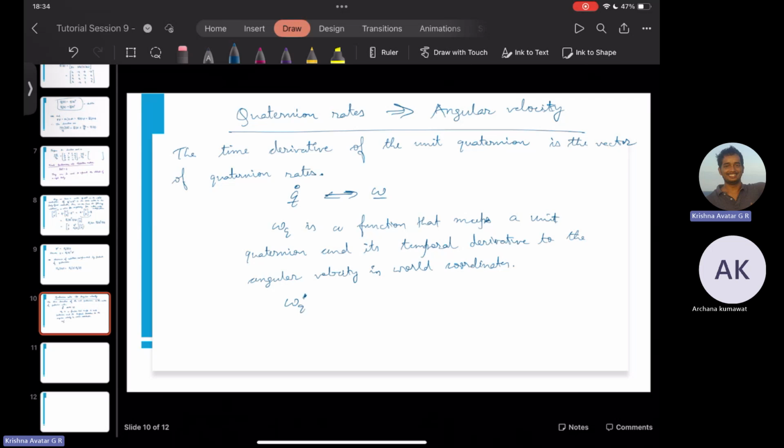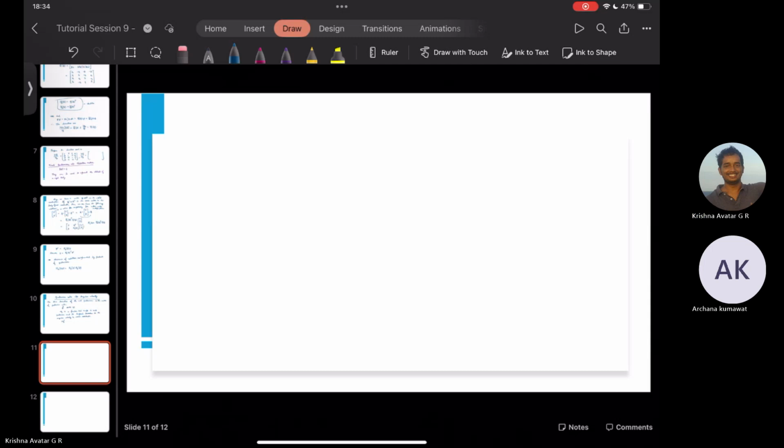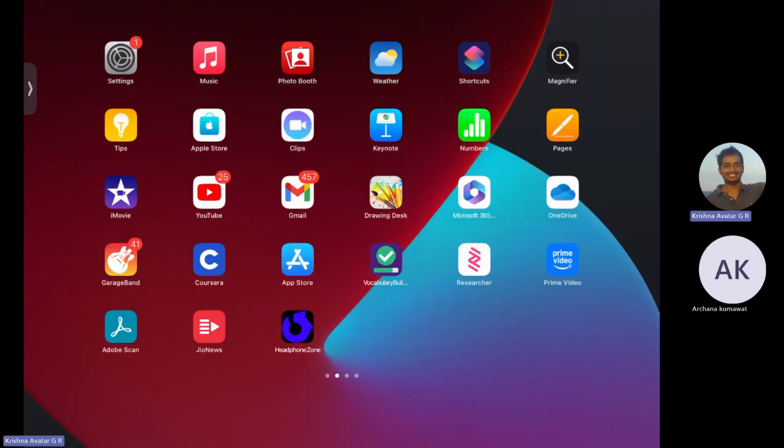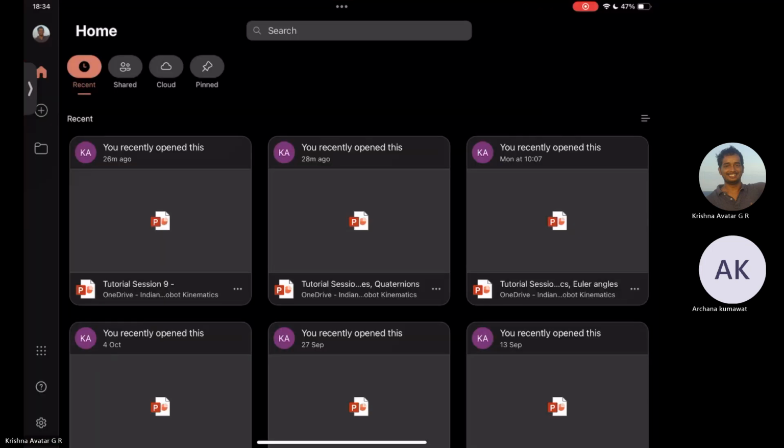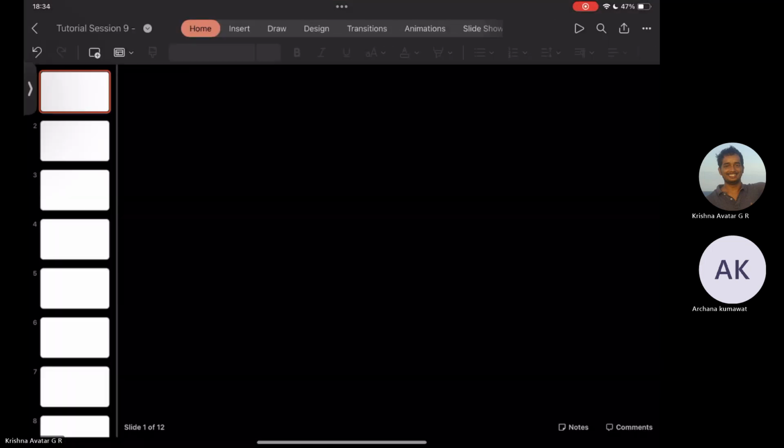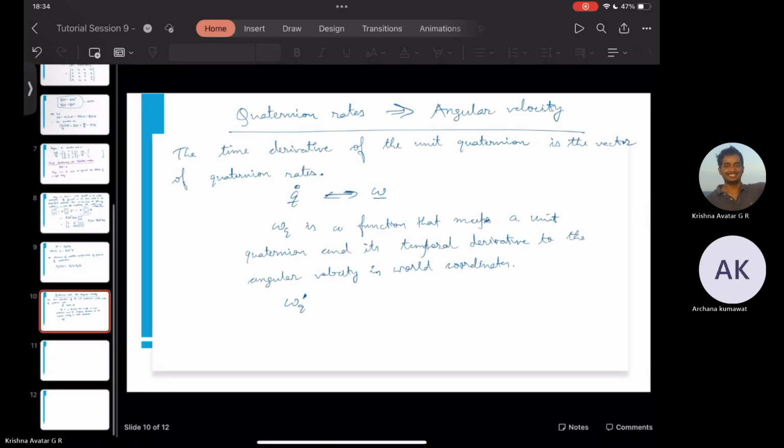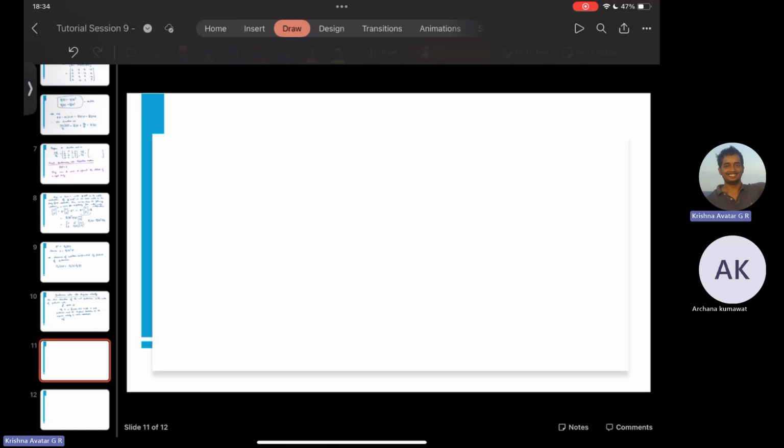And how do they relate? So we first construct WQ, the mapping which maps from H cross R4 to R3.